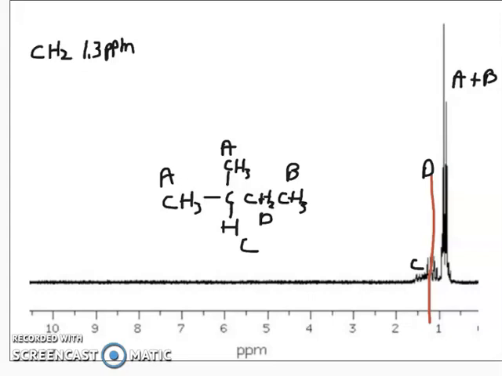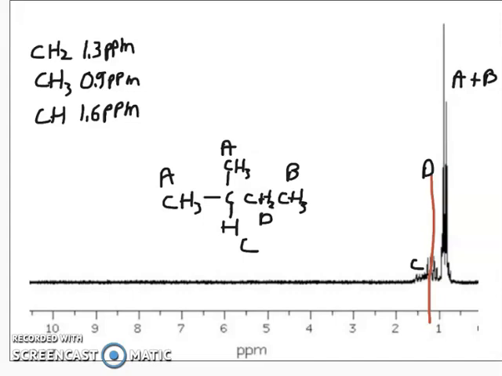So we can see that methyl groups, CH3 groups, are a little bit further upfield than a CH2, where the methine, the CH, is a little bit further downfield. And these values that we've tabulated here, 1.3 for a CH2, 0.9 for a CH3, and 1.6 for a CH, are useful references.